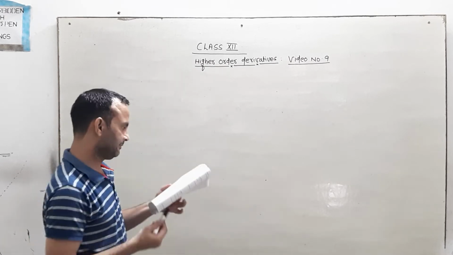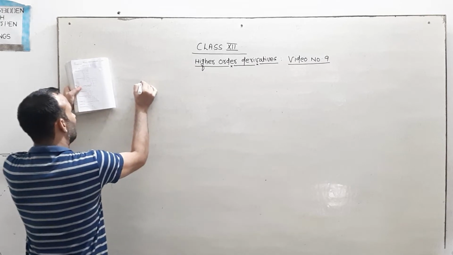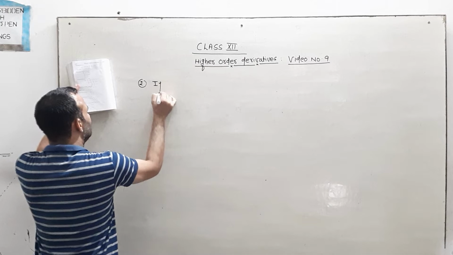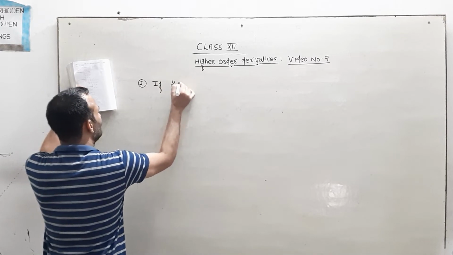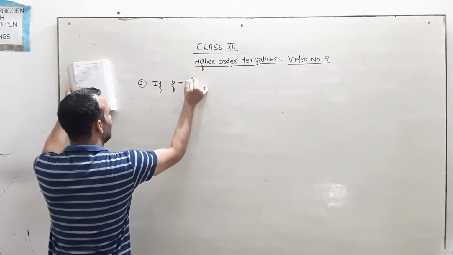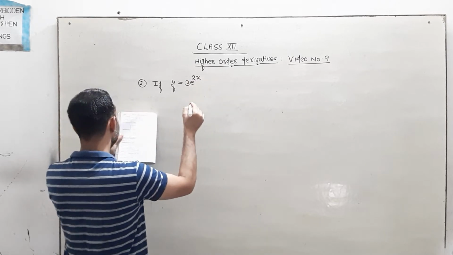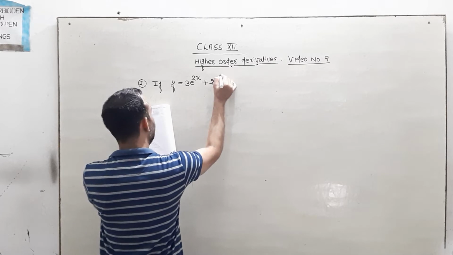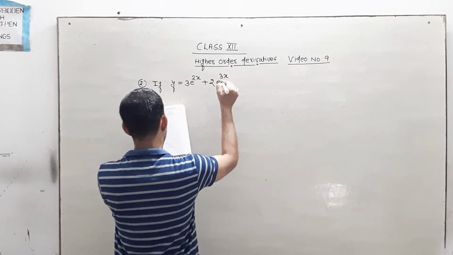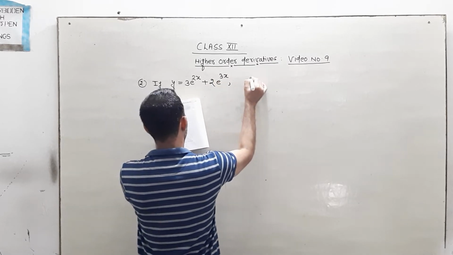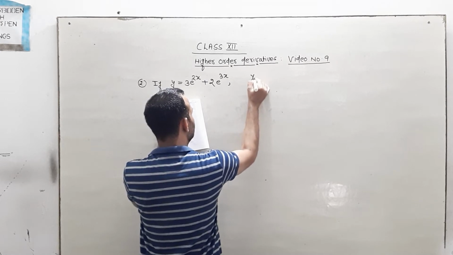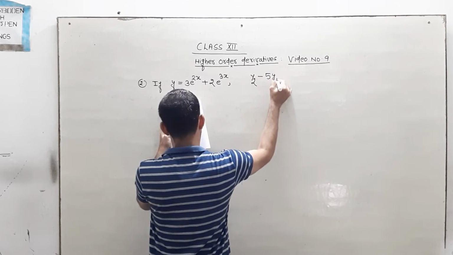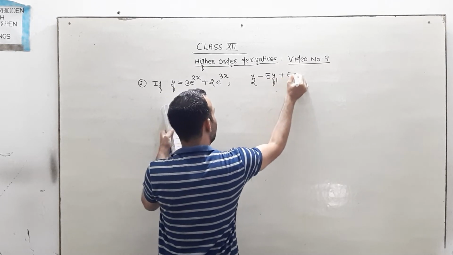Second problem is, if y is equal to 3 e raised to the power 2x plus 2 e raised to the power 3x, then prove that y2 minus 5 times of y1 plus 6 times of y is equal to 0.